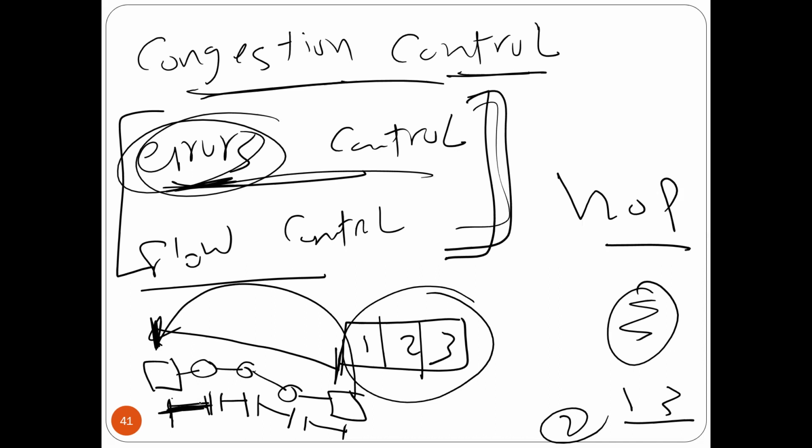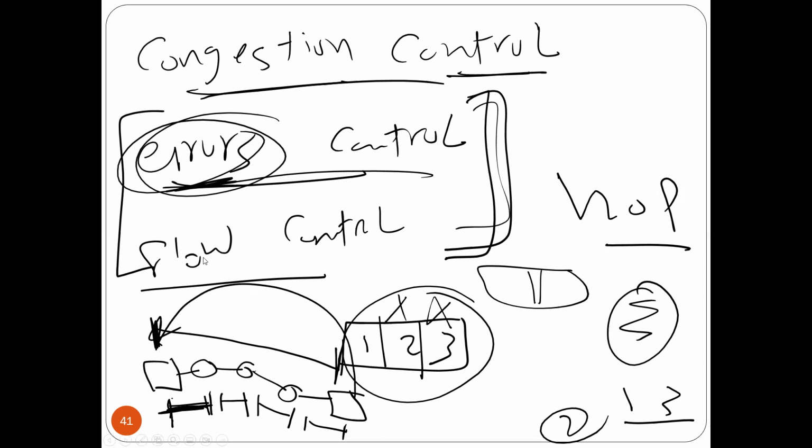Error doesn't only mean you are losing some packets, but maybe the packet you sent to me is corrupted. You got what I'm saying? So 0 is converted to 1, or 1 to 0, because of distortion. So there may be an error in the packet. Anyway, this is what we call error control.